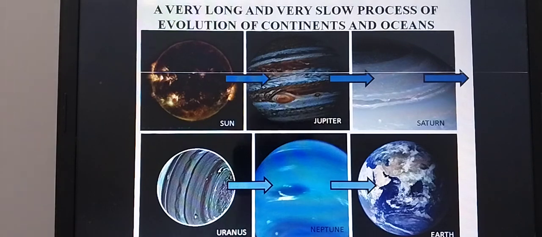So, as we have explained in the previous part, the long process of differential rotation runs from the Sun, Jupiter, Saturn, Uranus, Neptune, super-Earth to Earth. This is the solidification process and differential rotation.